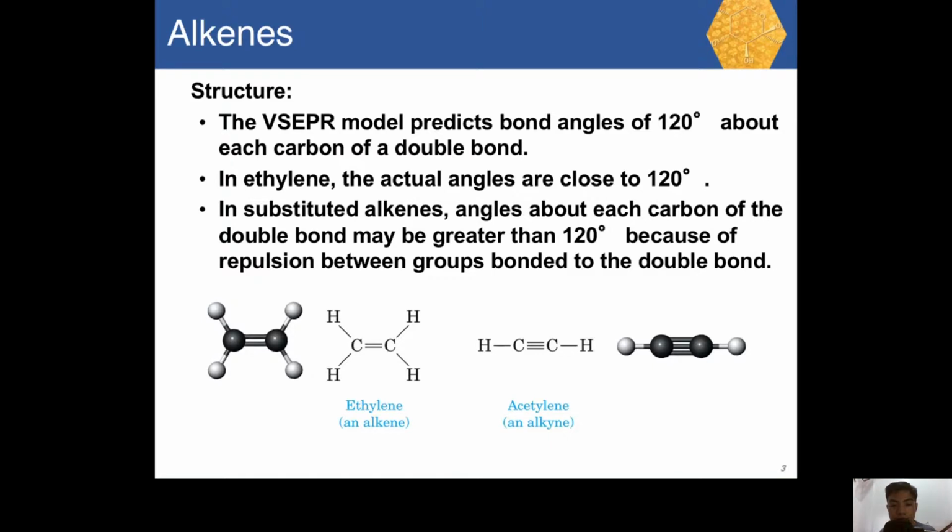Yan ay nakaseparate at an angle of 120 degrees. No? And the carbon are sp2 hybridized. No? Then kapag yan ay alkyne, ang carbons ay sp hybridized. So that means the bonds are separated at an angle of 180 degrees apart. No? Okay, so yun lang yung structure ng ating alkenes.